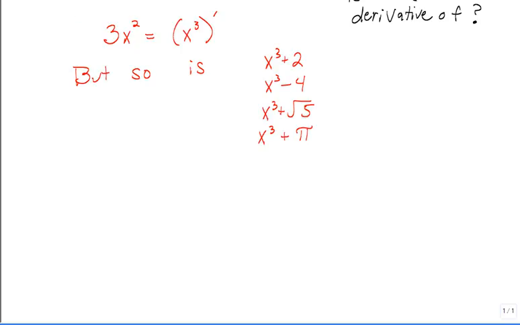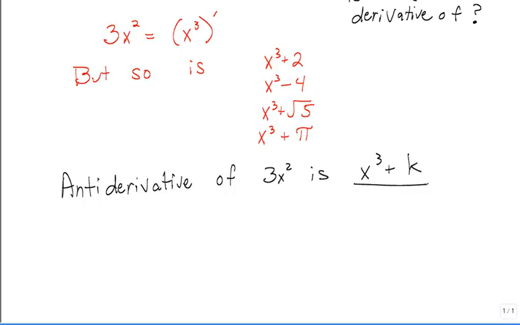So the general antiderivative of 3x squared is x cubed plus a constant.